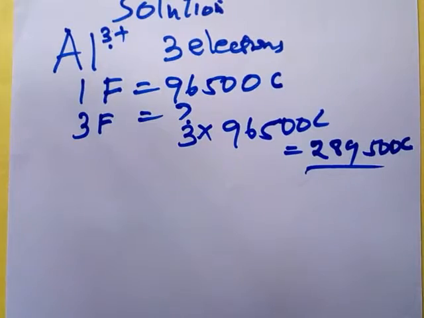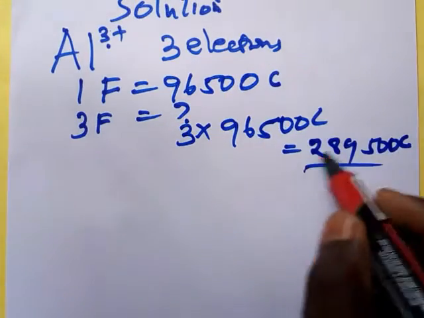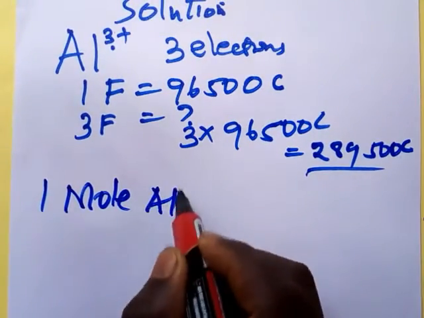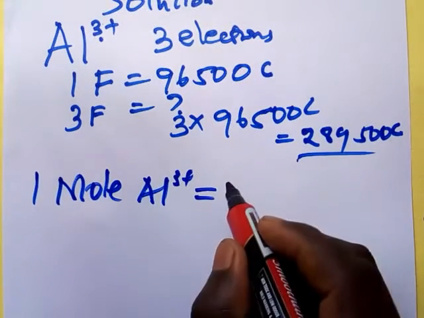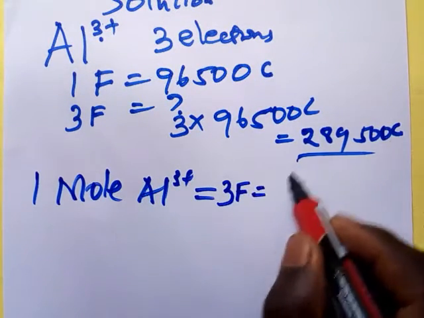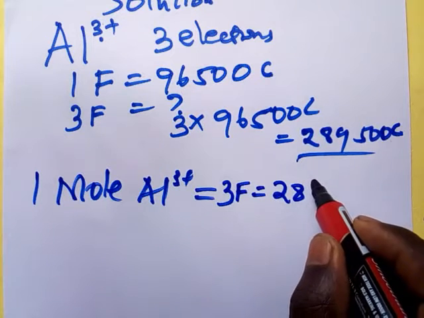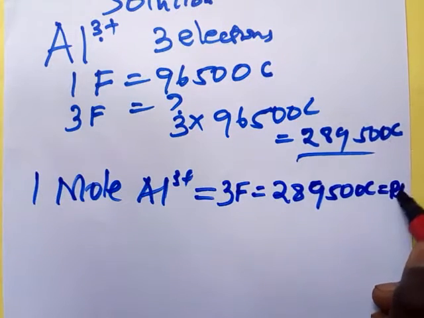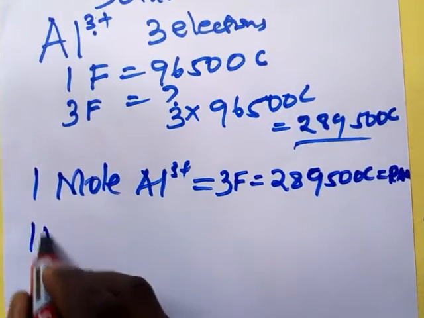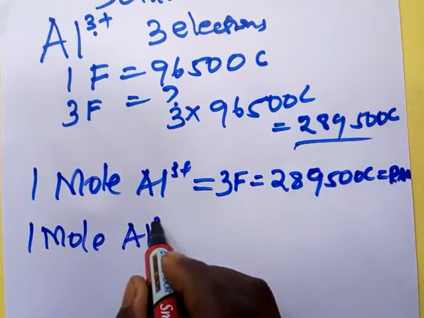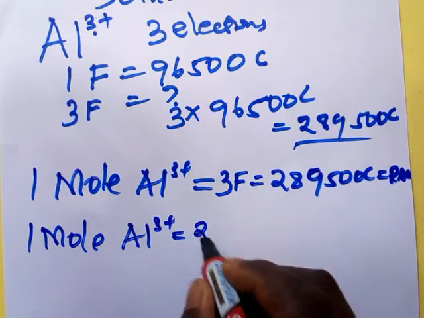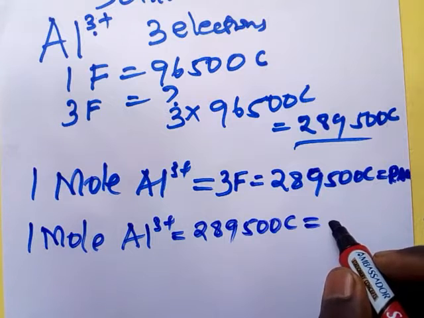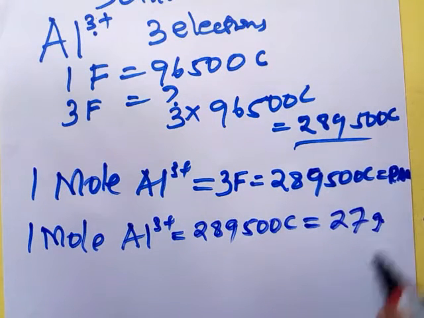So let us see. We don't have time, but we know this is what aluminium has got. We know 1 mole of aluminium is equal to 3 Faraday, which is equal to 289,500 coulombs, which is equal to RAM, and the RAM of aluminium we have been given is 27 grams.